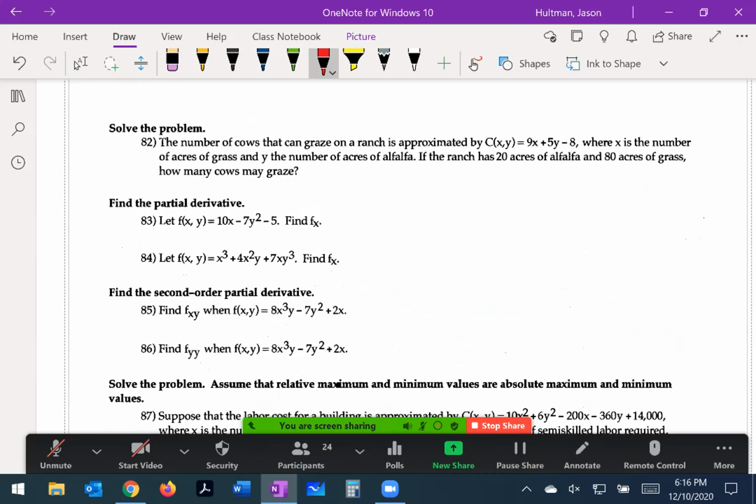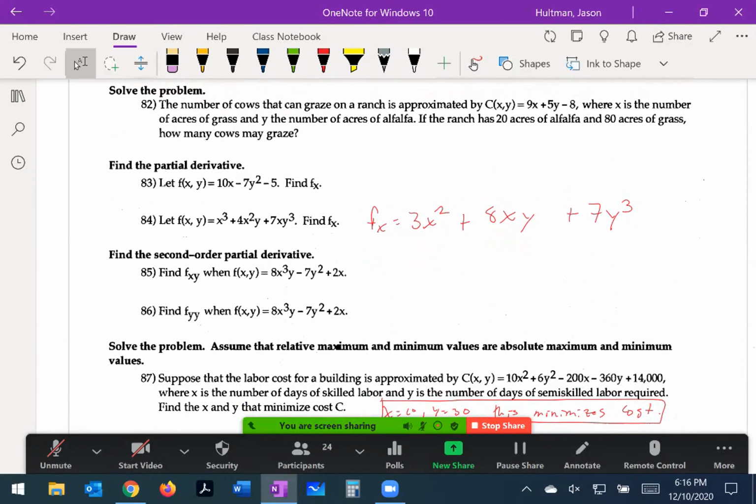So f sub x is going to be 3x squared plus 8x squared times y, plus 8xy, plus, with respect to x here, 7y cubed.